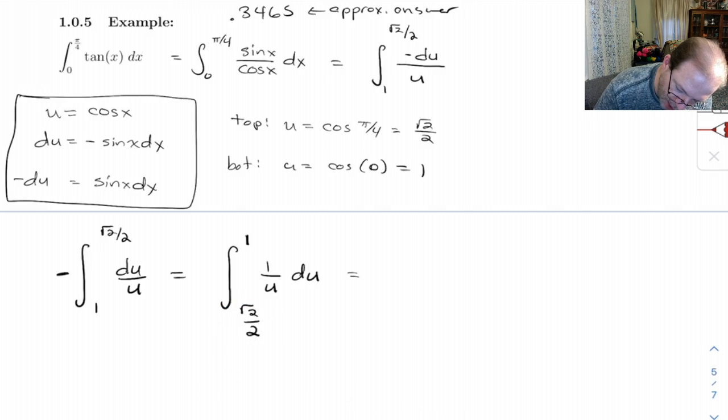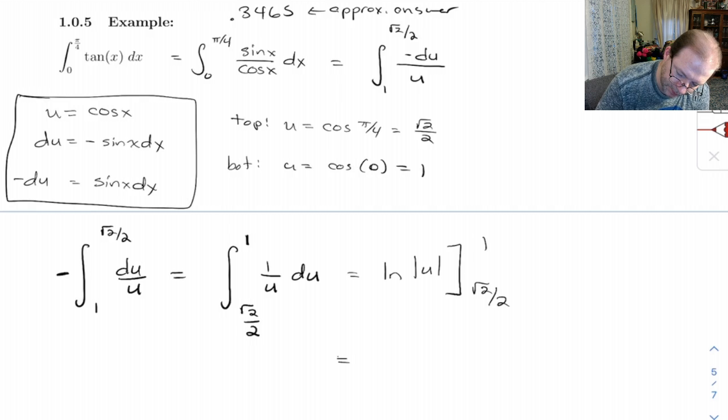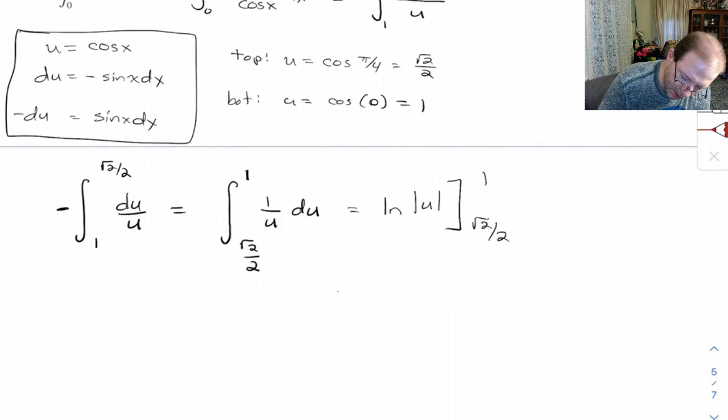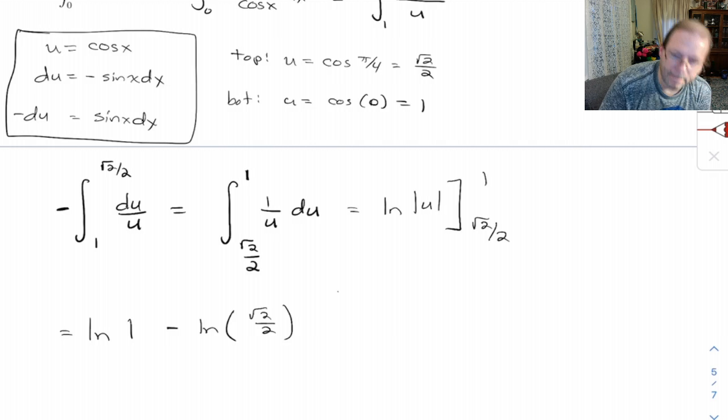So what do we get here? We get ln of the absolute value of u from root 2 over 2 to 1. So if I plug my endpoints in, I get ln of 1 minus ln of root 2 over 2. Now ln of 1 is just 0.